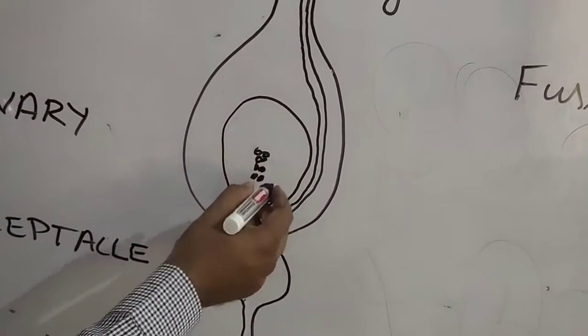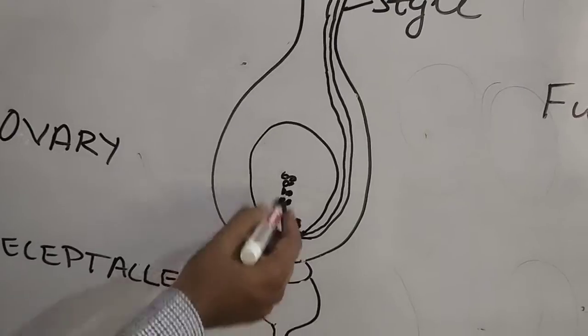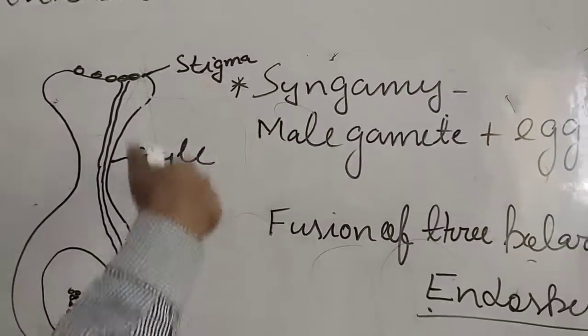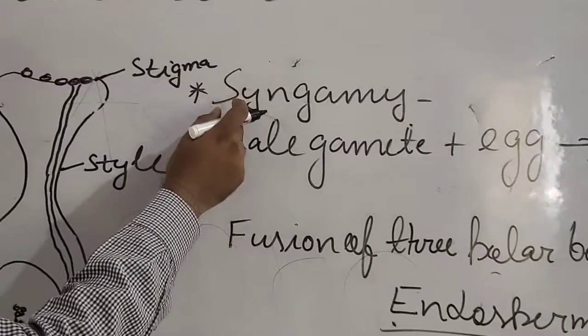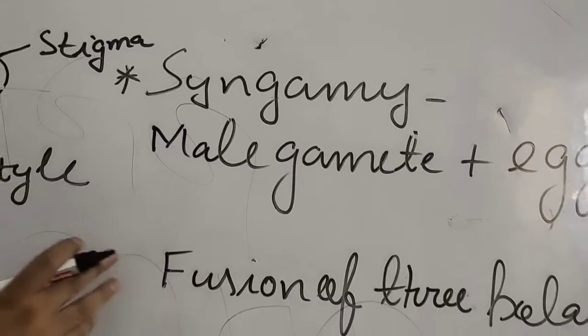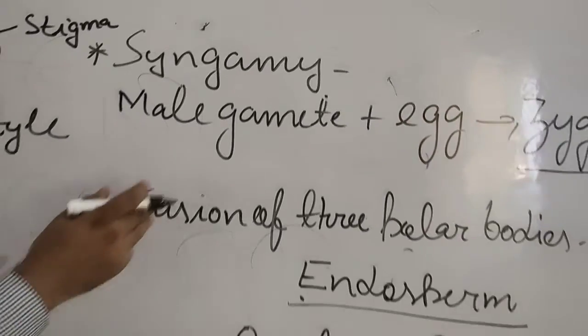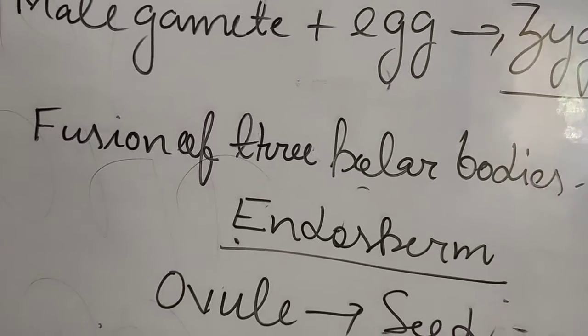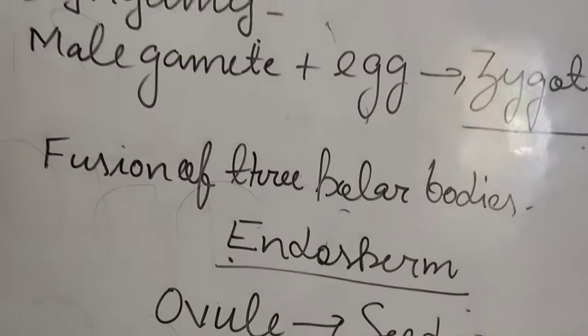So from here the male gametes fuse with the female gametes that are situated in pairs. When they fuse, one pair of male and female gametes forms the zygote, and this process is known as syngamy. The remaining three fuse with each other, and they form the endosperm.